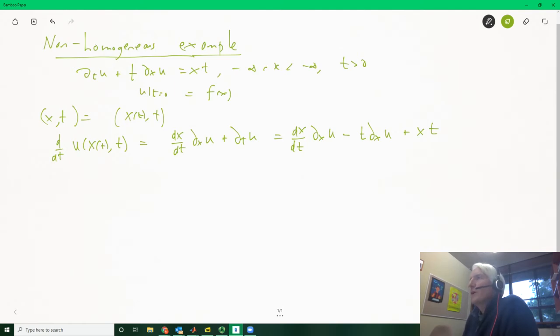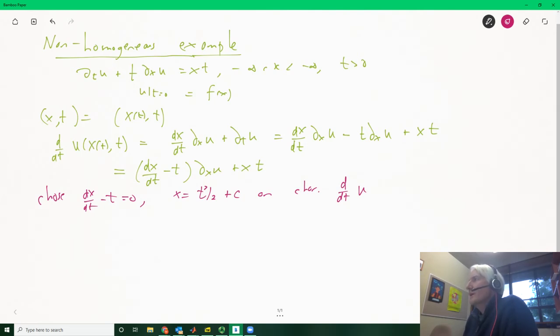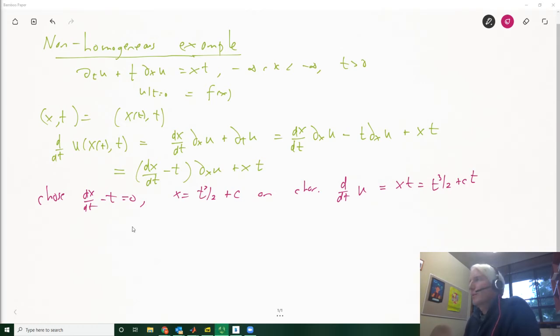X is equal to t squared over 2 plus c. And on this characteristic, it must be the case that d/dt of u is equal to not 0, not a constant, but x times t, which is of course equal to t cubed over 2 plus ct. So we've got to solve that equation here.